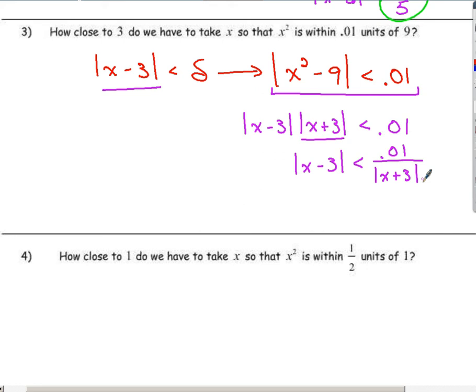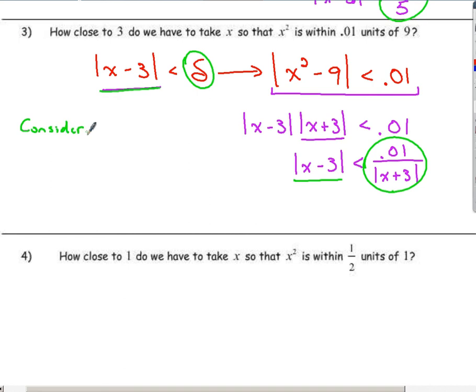And normally at this point, we'd say, okay, absolute value x minus 3 is solved for. If you look at how these inequalities are set up and we do some comparing, delta has to be this guy. But on the previous two problems, this part was a nice, clean numerical answer. But now this part has an x in it, which is not acceptable because it doesn't actually give us a distance still. So what we do is off to the side.